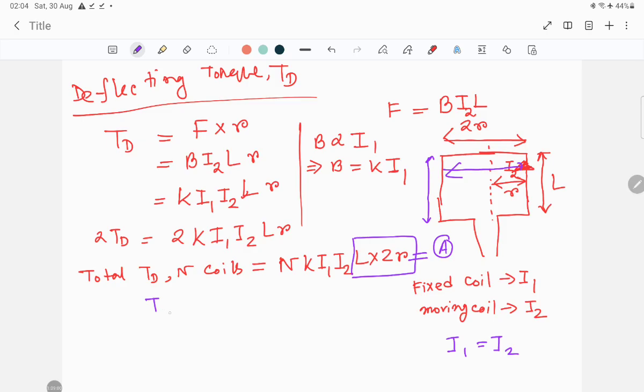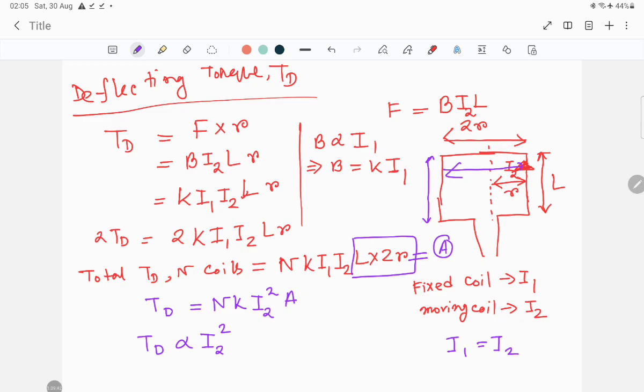So the total deflecting torque TD will be equal to N K I2 square A. Okay, so if we consider the turns, the K and the A, all are constant values, so the deflecting torque will be proportional to the current flowing through the moving coil. Okay, so deflecting torque is directly proportional to the current that is flowing through.